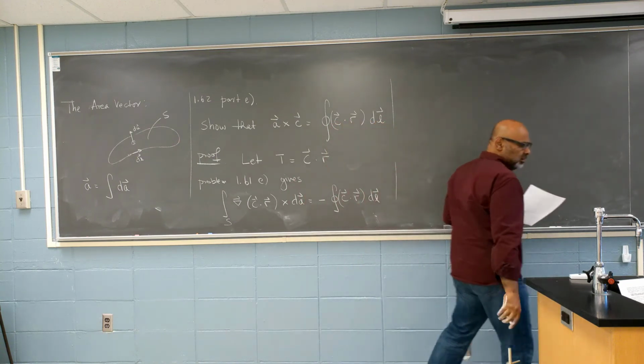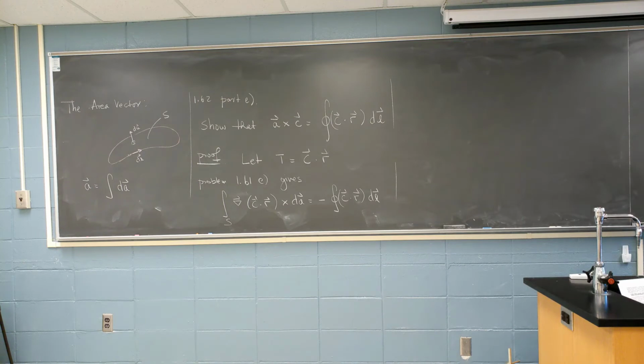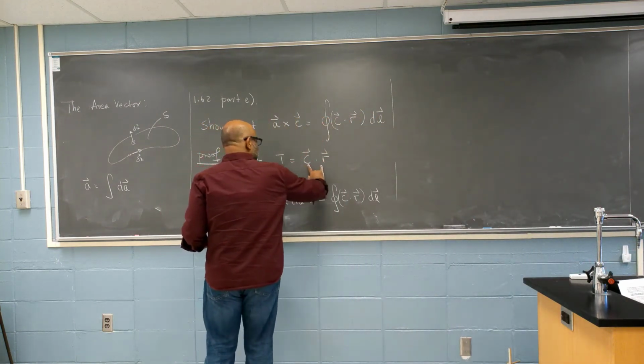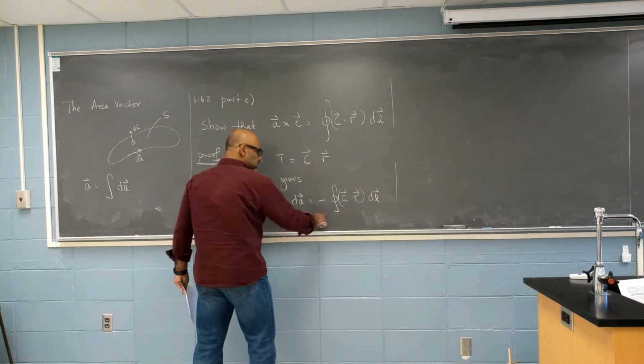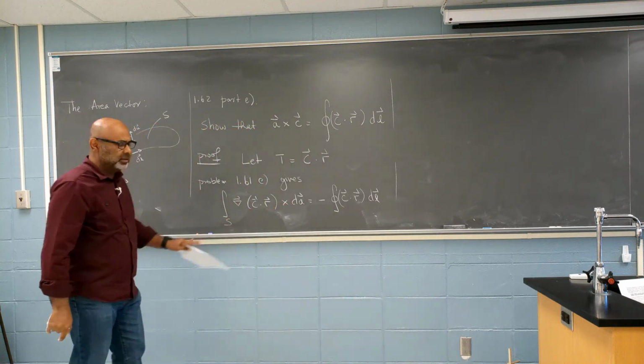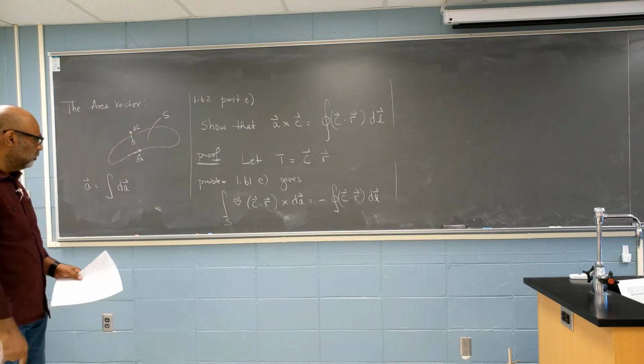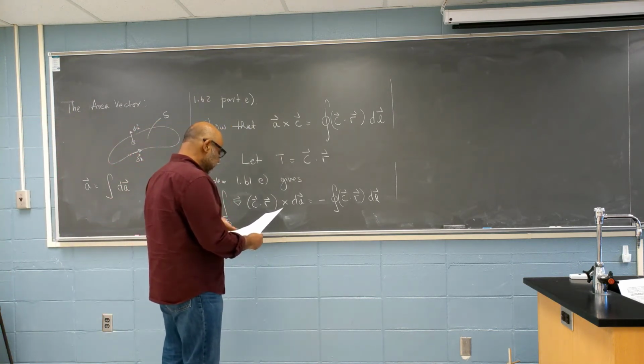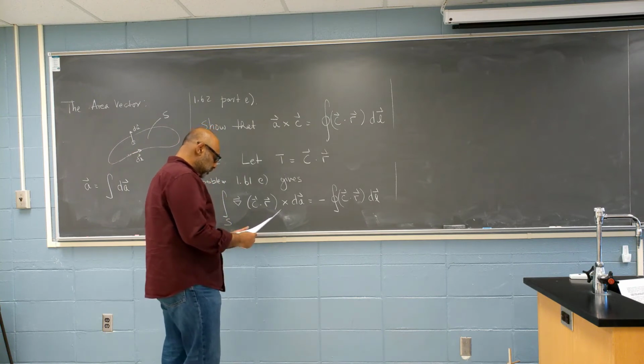As I do this, let me confirm. Yep, that is exactly it. So in part E, there's a function T. If I replace that function T with C dot R, I get this equation. We're taking this for granted. You will have shown this. So what I need to do is start from one side and go to the other side.